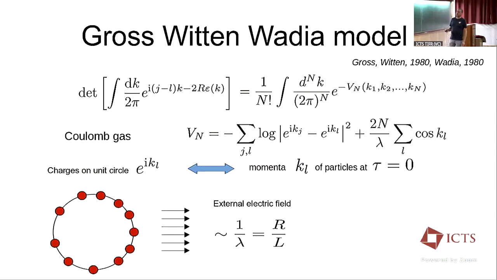And at some critical value of the electric field, there is a gap opening around k equals pi. And this is the famous Gross-Witten-Wadia transition.